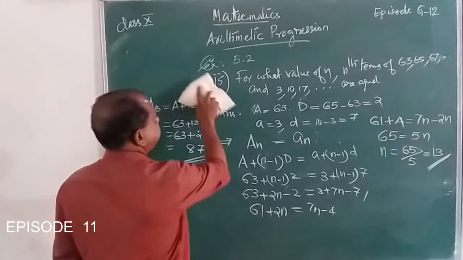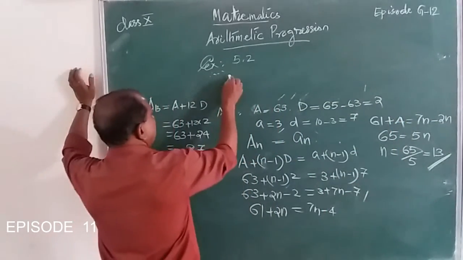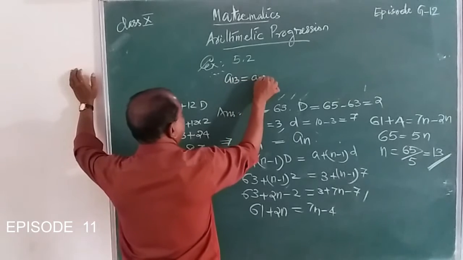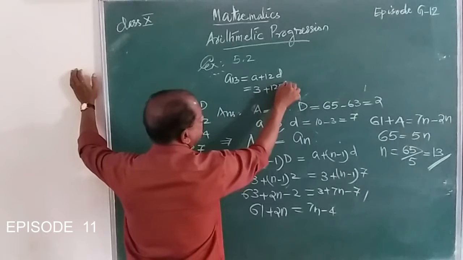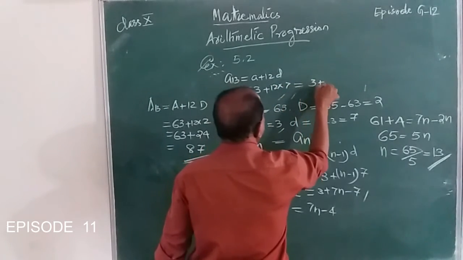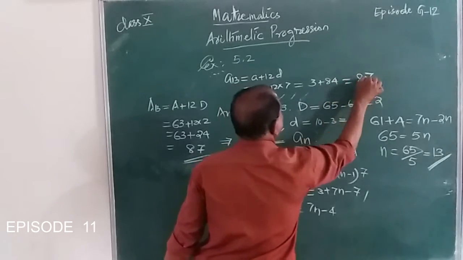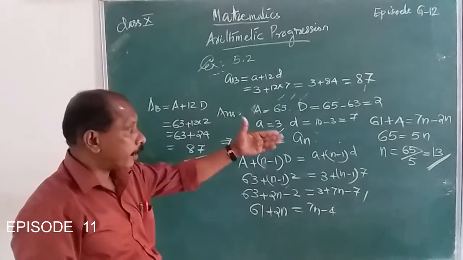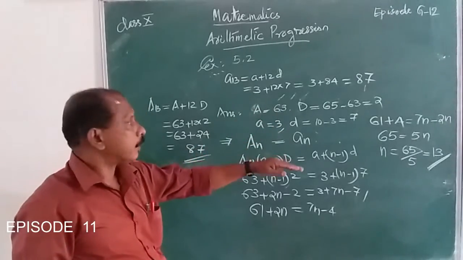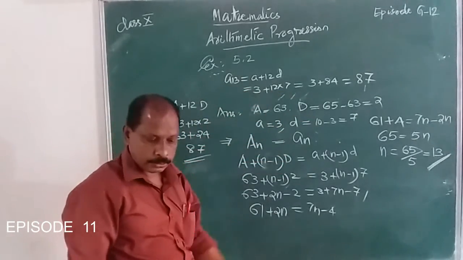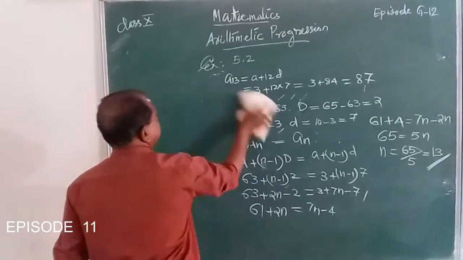Now for the second one, a13 is equal to a plus 12d, which is 3 plus 12 into 7, that is 3 plus 84, which is 87. For n equal to 13 in the first case it is 87, and in the second case it is also 87. Therefore the terms are equal when n is equal to 13. This is the verification.